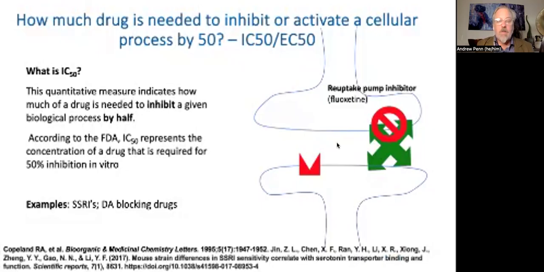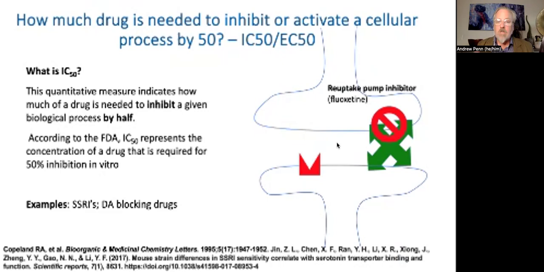Another idea to put into your thinking here is known as the inhibitory or excitatory constant 50. What that means is how much of a drug do we need to inhibit a biological process by 50%? So let's take an example like inhibiting the transporter for serotonin, also known as the reuptake pump.